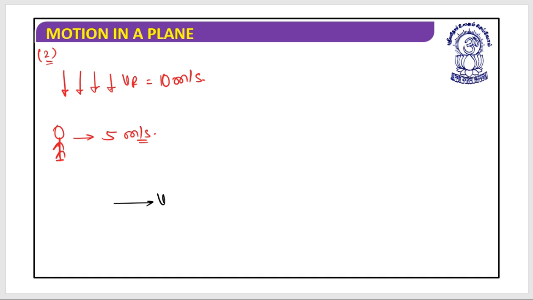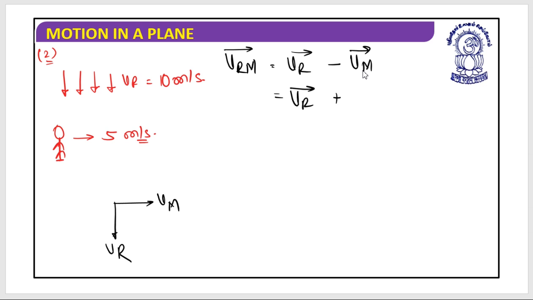This is VM, velocity of man, and this is the direction of VR. Now what I want is VRM, the velocity of rain with respect to man. So I simply write the relation VR minus VM. So what I want is minus VM.